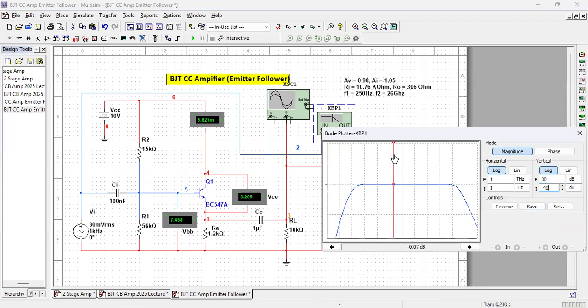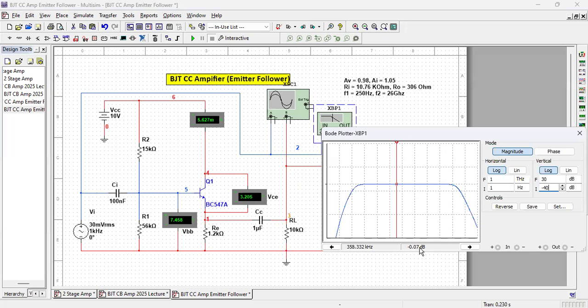So the midband gain is minus 0.07 dB. Negative gain. That means for this emitter follower, its output voltage is a little less than the input voltage. It is minus 0.07.